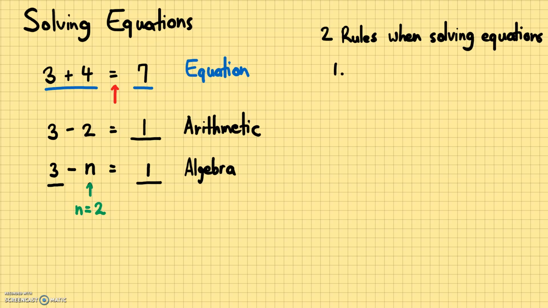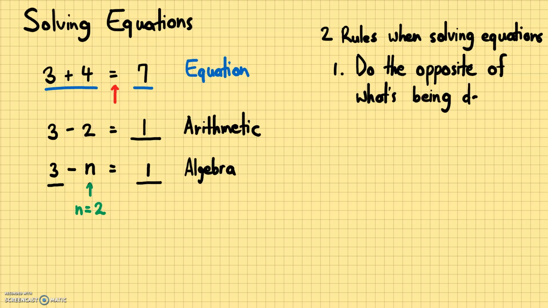The first thing is to do the opposite of what's being done to the variable. Or if you're not comfortable with the word variable, you can think of this as the letter, because we're solving for the letter in algebra.